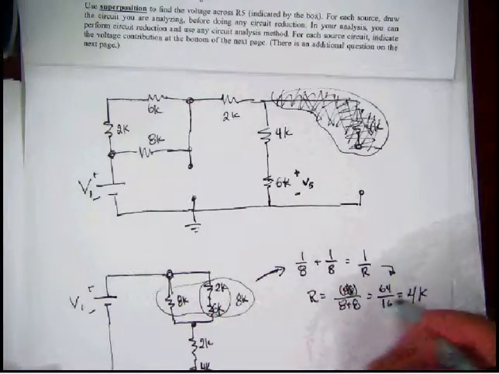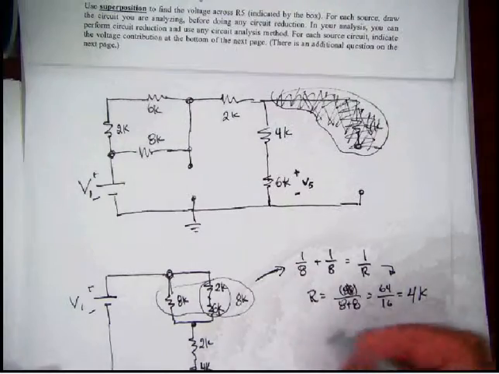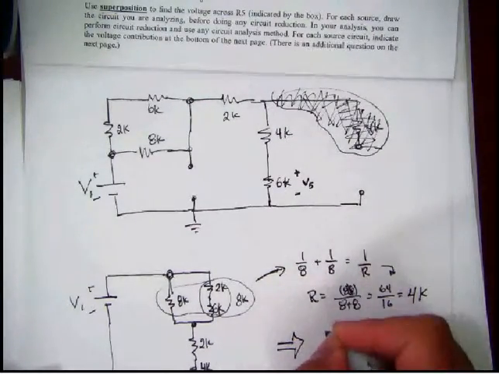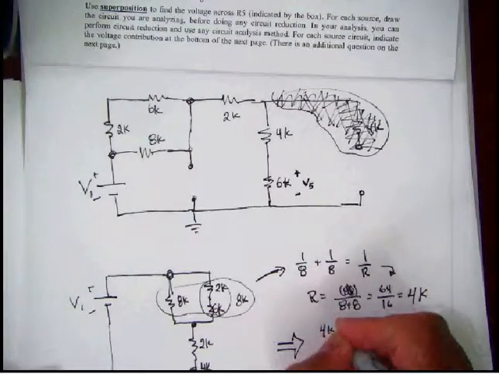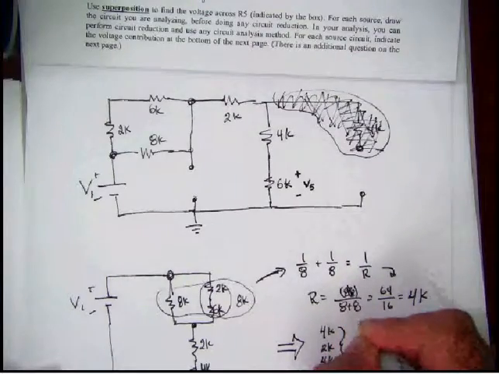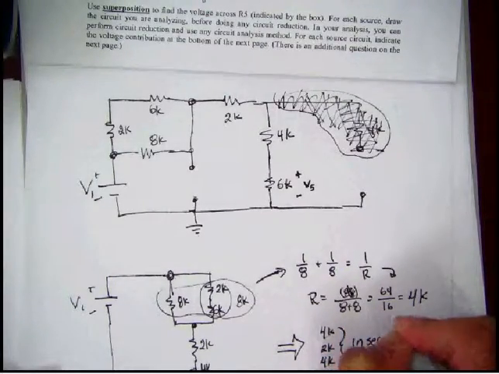Then the 4K will add in series with the 2K and the other 4K. So basically there's a 4K, 2K, 4K. I'm just going to indicate that they're in series.